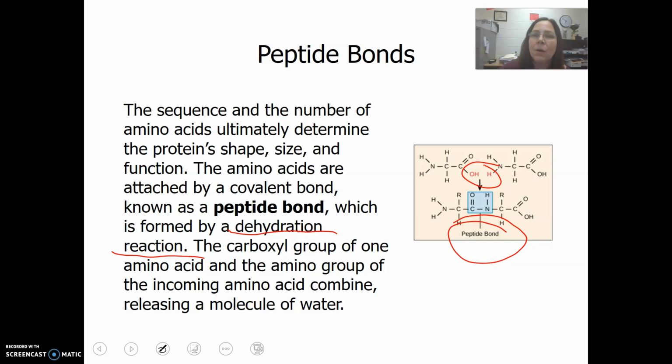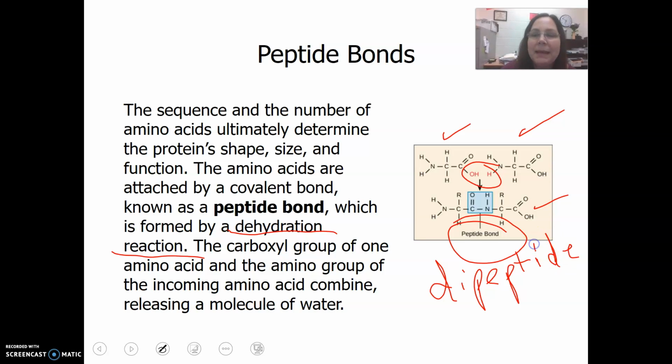So the reactants are the 2 amino acids, and the product is water and the peptide. In this case, this is a dipeptide because it only has 2 amino acids, but a polypeptide would have many amino acids. The only difference between a peptide and a protein is that a peptide is just a chain of amino acids, and a protein is a chain of amino acids that has a complex shape.